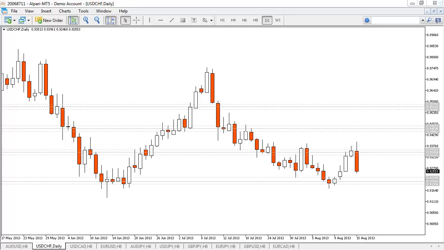So I say switch out of demo as soon as you possibly can. As soon as you find a strategy that you think is working for you for maybe a month or two, switch to a live account. But the most important thing is never switch to a live account with something like $2,000. Start small, start very small. I'm talking $100. You're not going to make a fortune from $100.